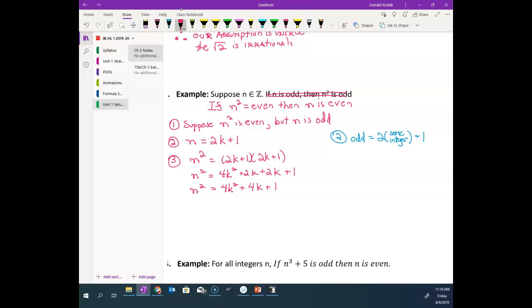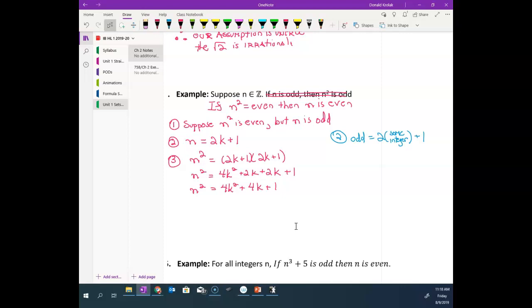Okay, now, is there a way that you can manipulate that polynomial there to show a contradiction of what we did above? Our statement is if n squared is even, then n is odd. And we start with, okay, n's odd.